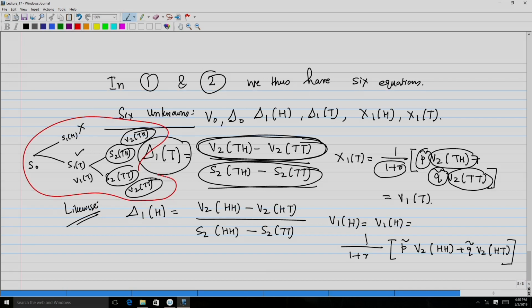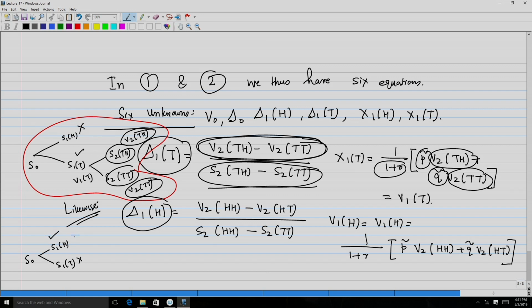All right. In a similar fashion, you can have exactly the same argument in the second case, where you again start off with S0, you go to S1 of h or down to S1 of t. Now, since you are considering the case of delta 1 of h, that means this event is ruled out and you should consider S1 of h.